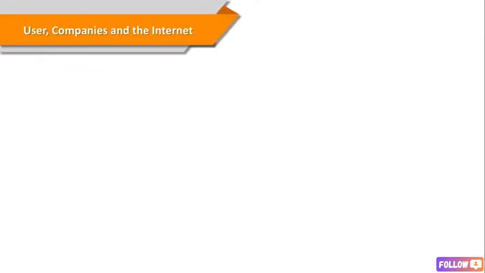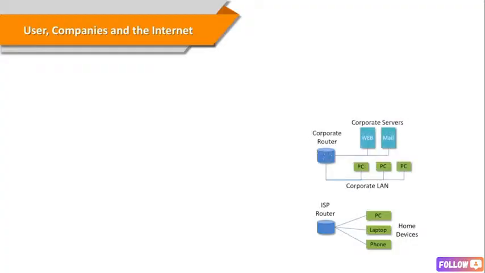So let's see what the Internet looks like on its most basic level. Here we have a home network with a router, given by the Internet service provider, or ISP. Remember that modem that's given to you by your ISP, and the devices it connects to the Internet. This is a corporation with a lot of end-user computers and servers as well.